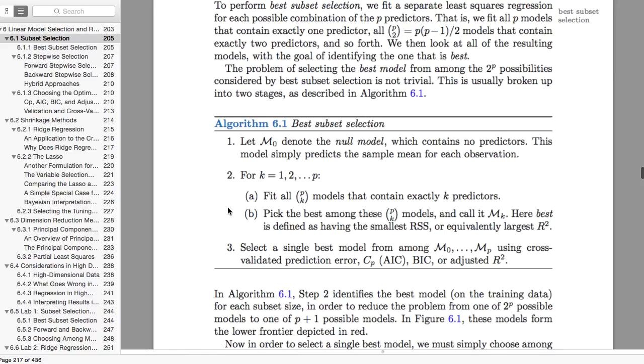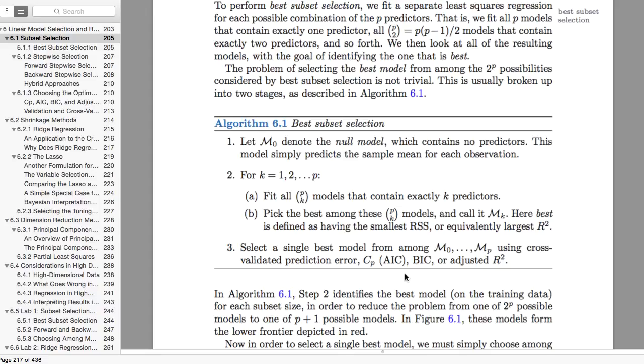We've got some way of plowing through the models with the various predictors up to p possible predictors, and then some criteria, which we'll talk about after these methods, for choosing the best among them.